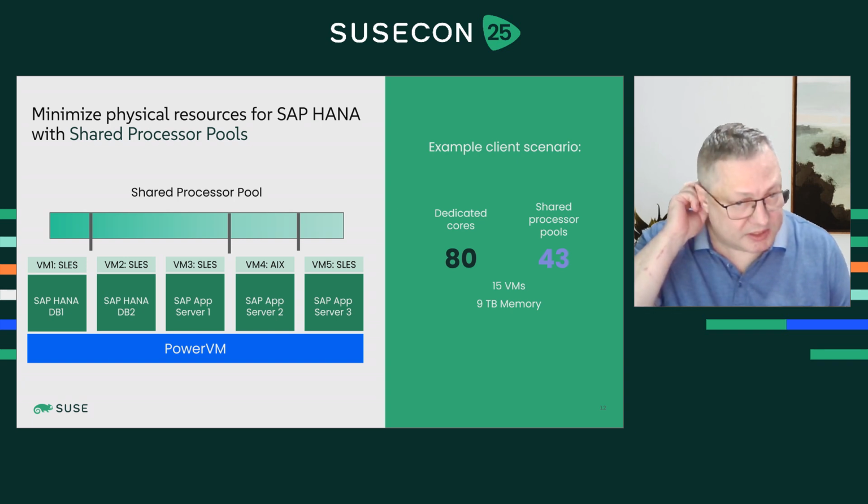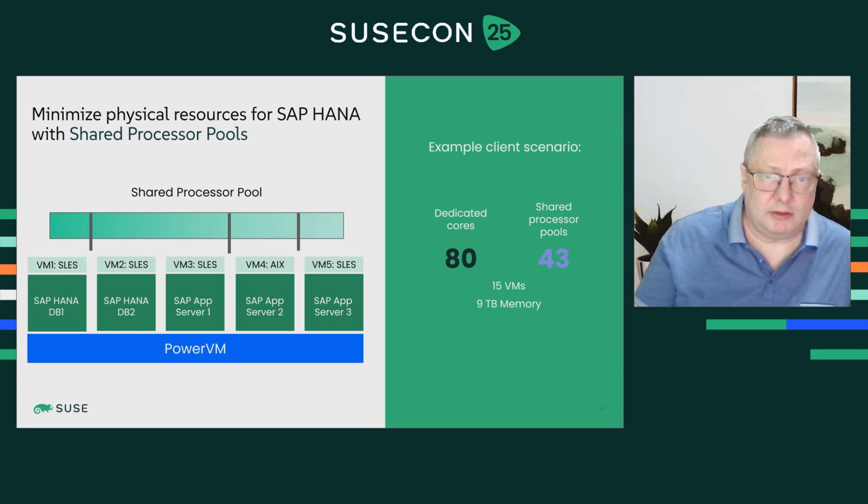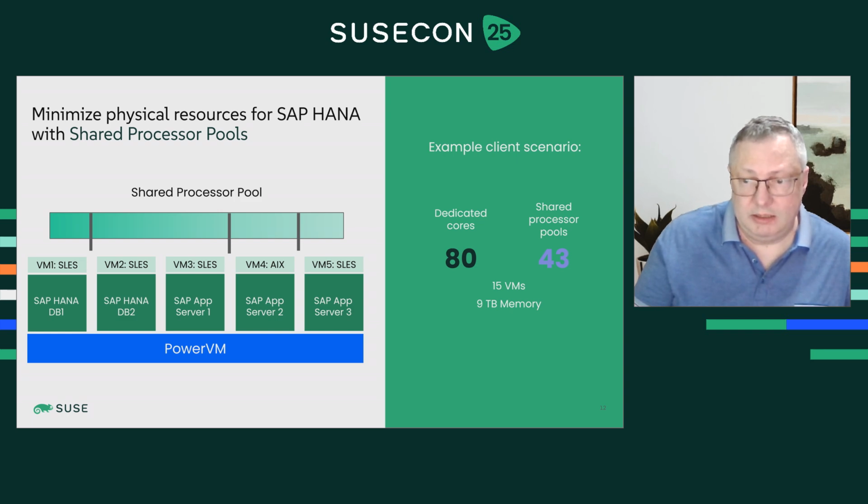And when you do this, you can reduce the amount of compute that is required for your SAP deployment. I mean, in a real-life customer scenario, if you were to use dedicated cores, you would need 80. By using shared processor pools, you can deploy the same solution on only 43 cores. So it's very interesting technology.